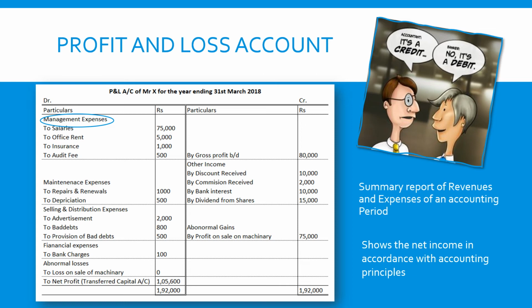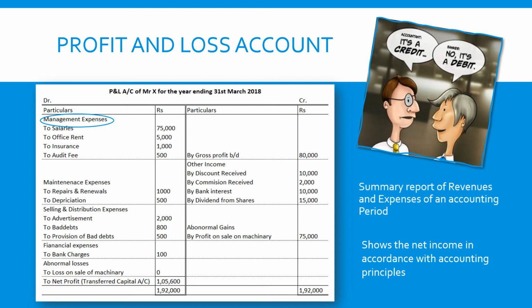Here we are showing it as salaries, but in the trading account we had shown it as wages, because those are also a form of salary, but were directly attributable to the product. Here, it's probably the back end staff who manages your customer sales, the advertisements, and the accounts; the salaries of those people will be considered as management expenses.